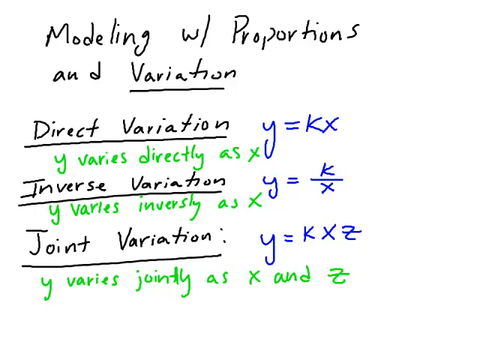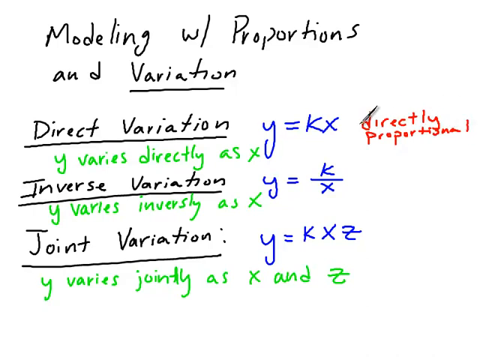Some other language that I want to mention is how variation is related to proportions. In your book and other books, sometimes they talk about direct variation using the vocabulary directly proportional.